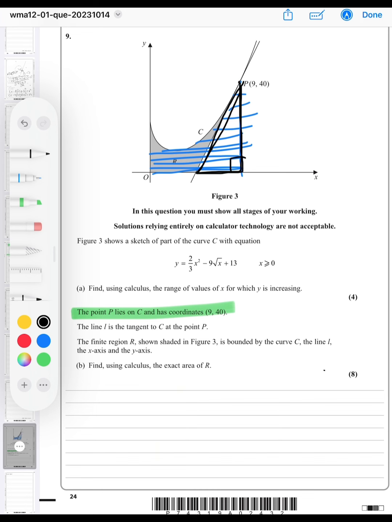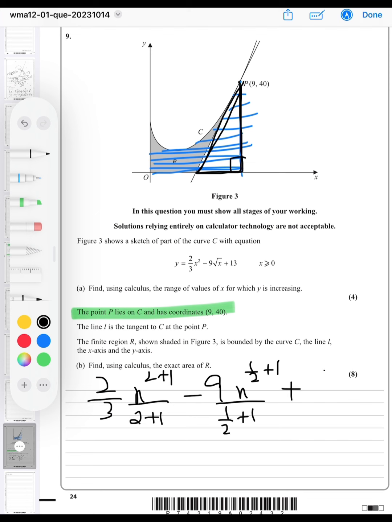So integration will be 2/3 x to the power of 2 plus 1 upon 2 plus 1, minus x to the power of 1/2 plus 1 upon 1/2 plus 1, plus 13x, and the limits will be 9 till 0.